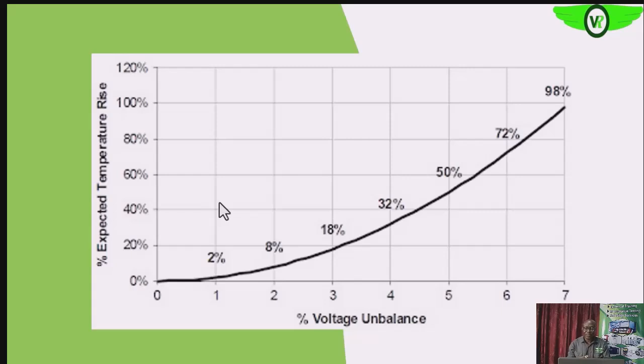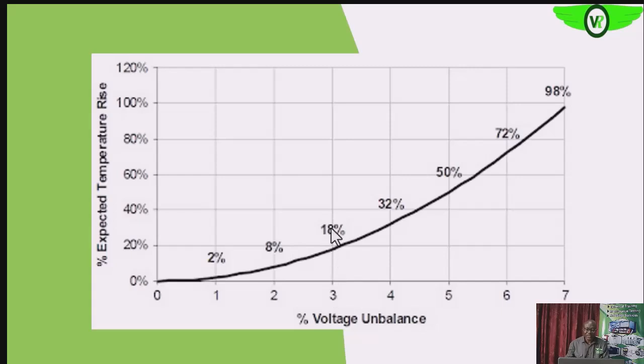If that happens, that heating effect will affect the reliability of the electric motor itself and thus the system. So 1% voltage unbalance can result in about 2% temperature rise of the system. Then 2% voltage unbalance, 8% rise of the temperature of the motor system.